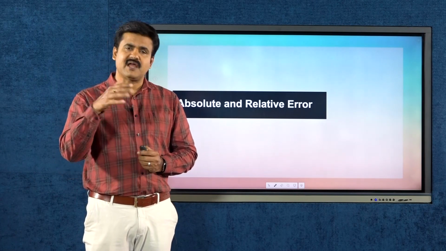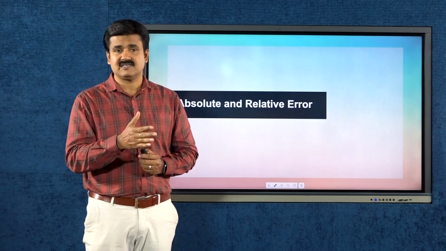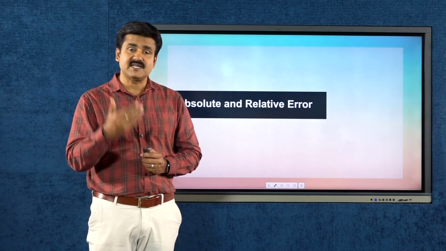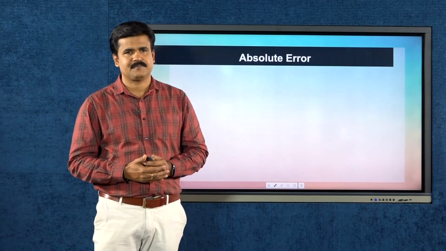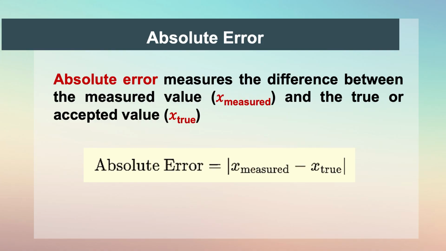So, prior to discussing various kinds of errors, we have to first familiarize and revise the concept of absolute and relative error. First of all, absolute error. Absolute error measures the difference between the measured value, which is abbreviated as x measured or chi measured, and the true or accepted value, which is abbreviated as x true.